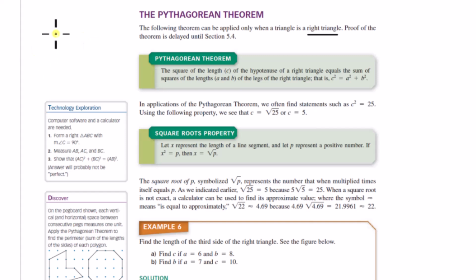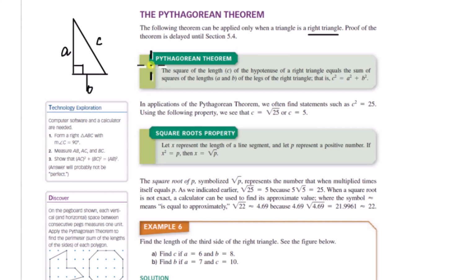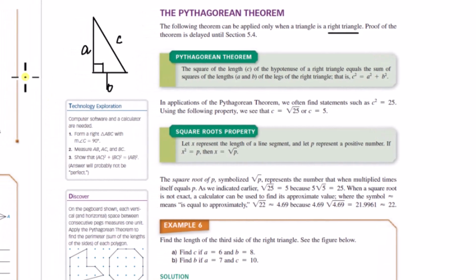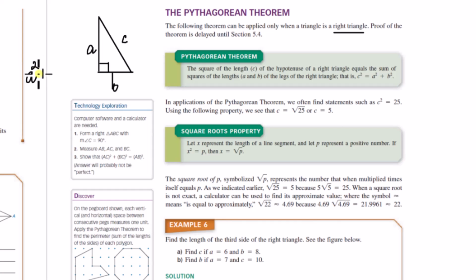If you've got any general right triangle with the length of the legs given by A and B and the length of the hypotenuse given by C, for any right triangle, it has to be a right triangle, it's always the case that if you sum the squares of the legs, you get the square of the hypotenuse. That's it. That's the Pythagorean theorem. And we're going to prove this later.